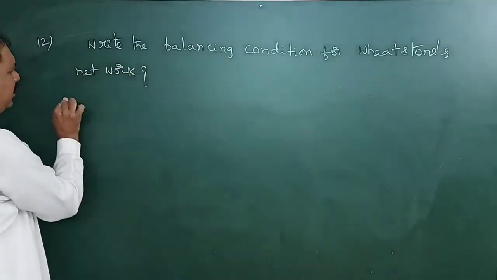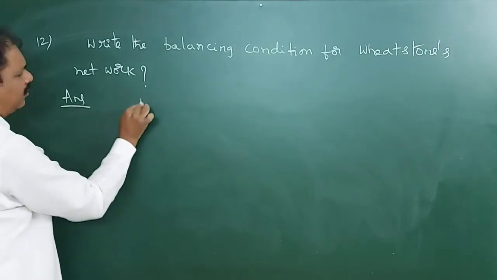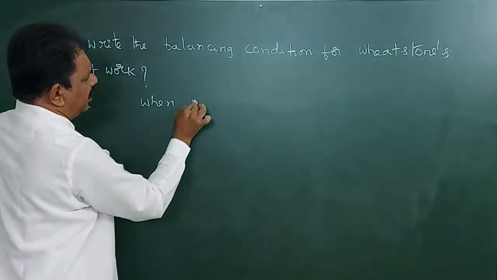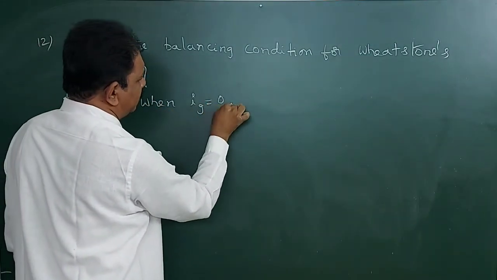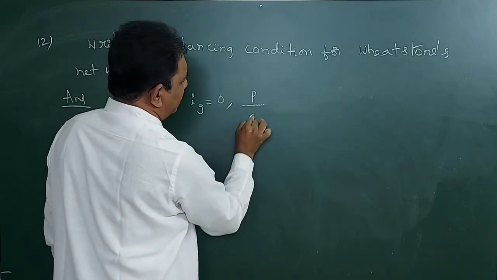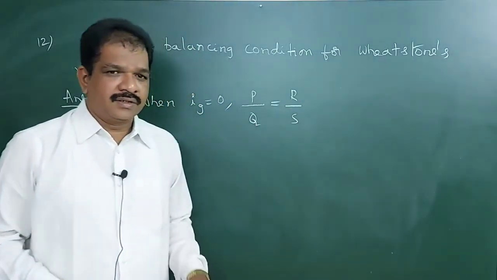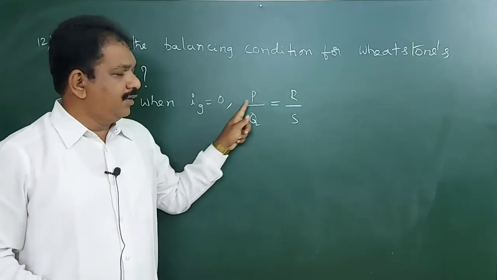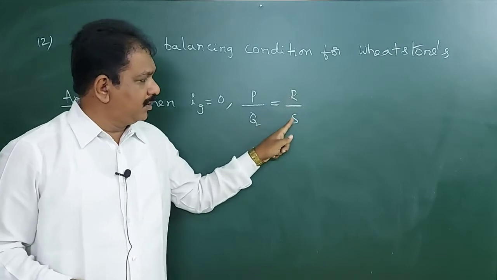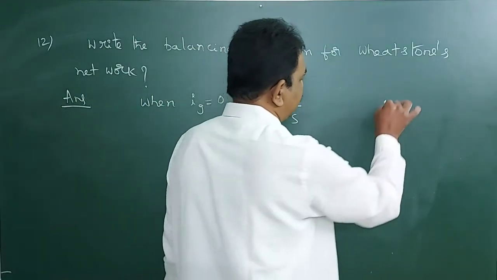Wheatstone bridge, you already know about it. When Ig is equal to 0, P by Q is equal to R by S. When the Ig value is 0, P by Q is equal to R by S.